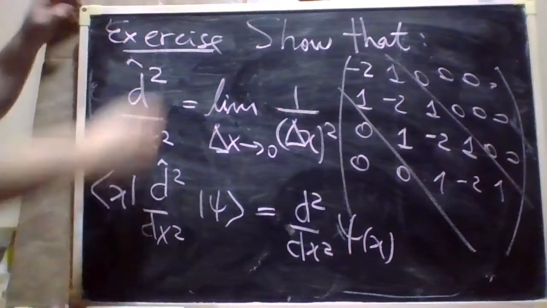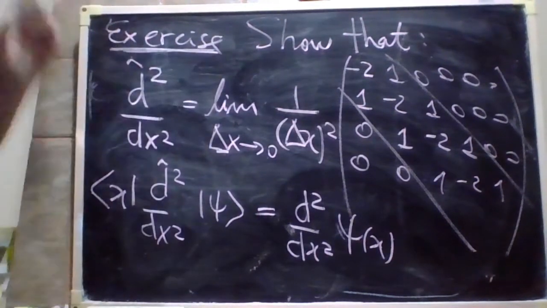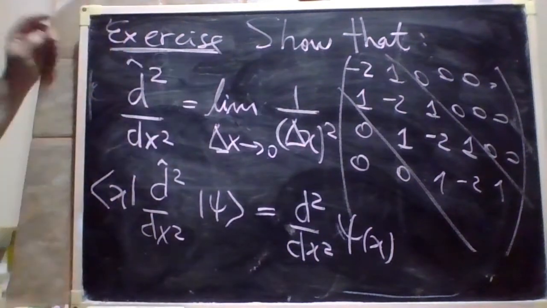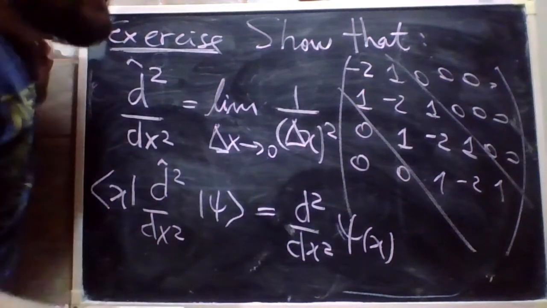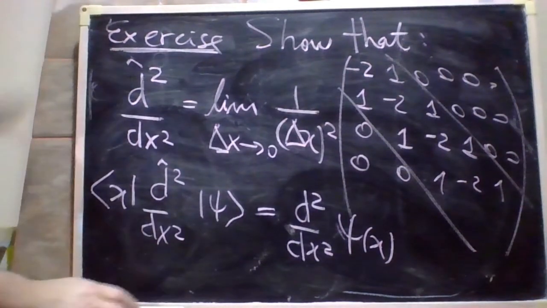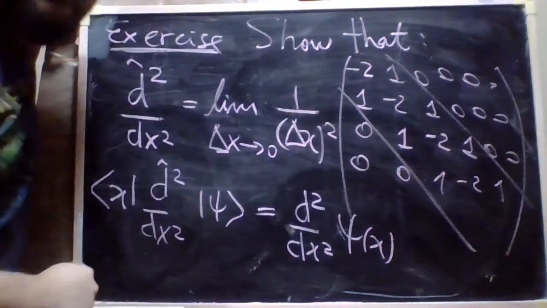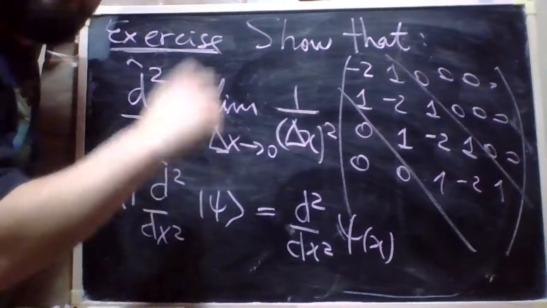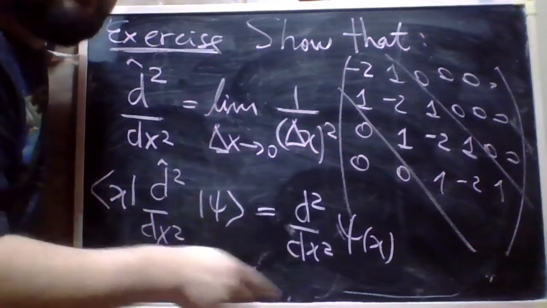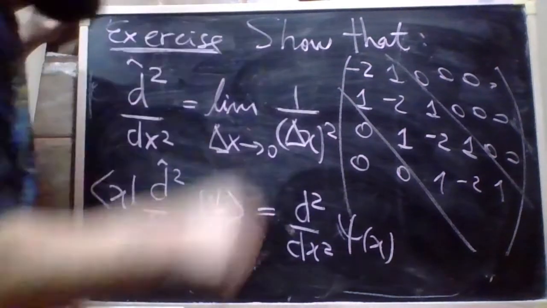So I am telling you that derivatives, or differential operators, are represented by matrices. All right, and you can implement it in a computer. You can test it. You can make your own algorithm to calculate first, second, and nth order of derivatives.